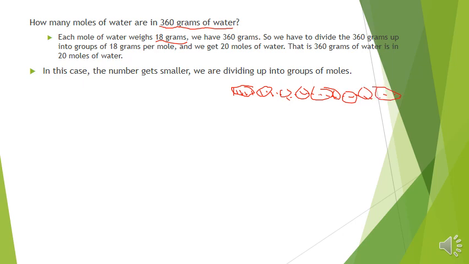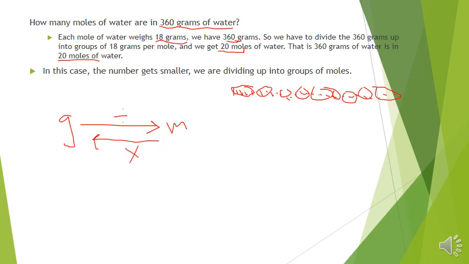When you do that, you end up with 20 moles of water. So what I did is I divided the 360 into groups of 18 per mole. So in this case, when you go from grams to moles, you divide, because you're grouping, and when you go from moles to grams, you multiply.